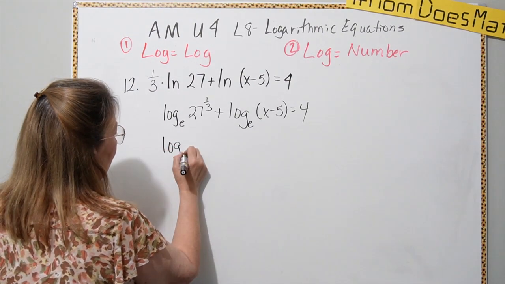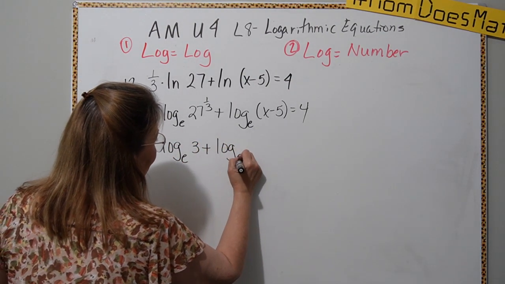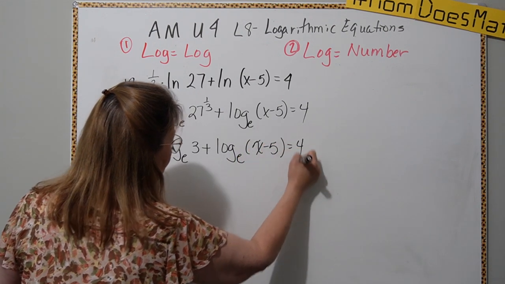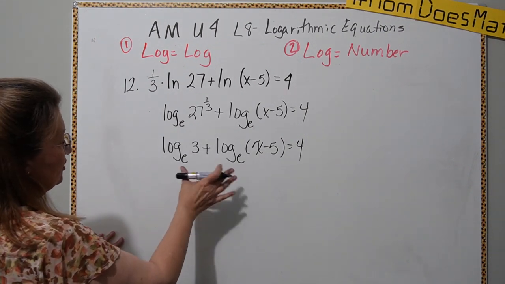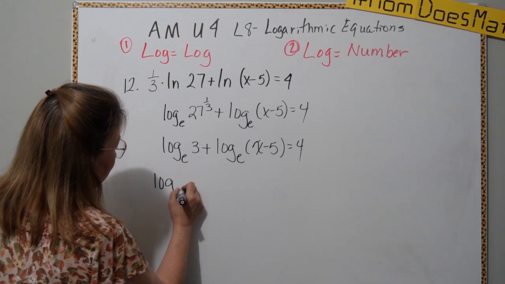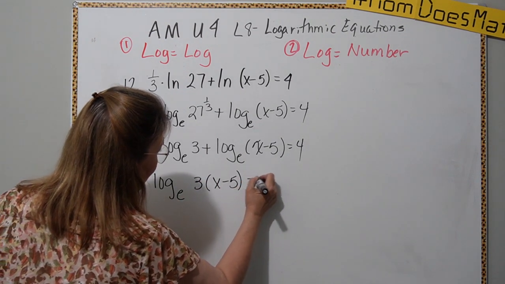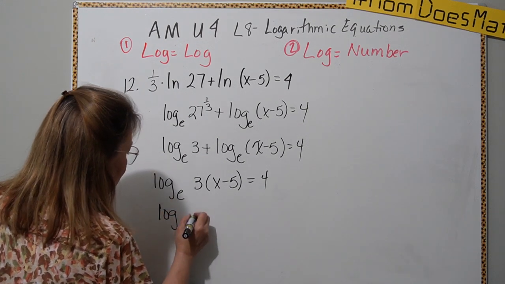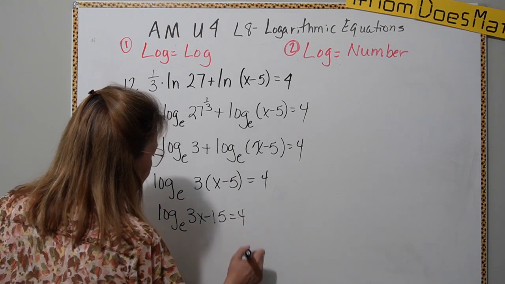So now I have log base e of 3 plus log base e of x minus 5 equals 4. To combine, now we have addition, so we can use our product property. So now I'm going to have log base e of 3 times x minus 5 equals 4. So this is log base e of 3x minus 15 equals 4.